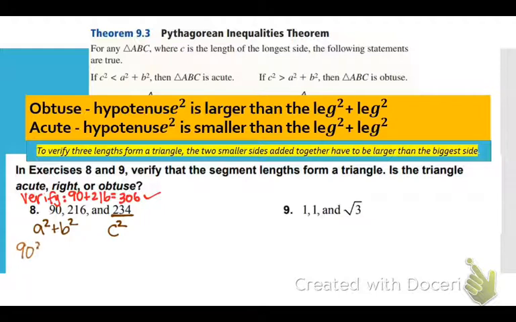So we're going to do 90 squared plus 216 squared, and we're going to compare it. So I can't put equals because I don't know what it is. I'm going to compare it to 234 squared. 90 squared is 8100. I don't know 216 squared. 46,656. Is that correct? All right, and then we're going to compare it to 234 squared, which is 54,756.